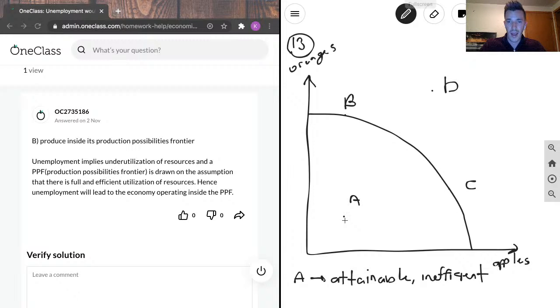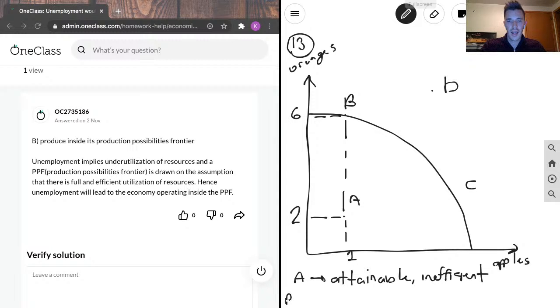So say at point A, you can have like one apple and two oranges. That is certainly attainable, but you can still move all the way to the production possibilities frontier. So for example, without giving up any apples, you could have instead had like, I don't know, 6 oranges.